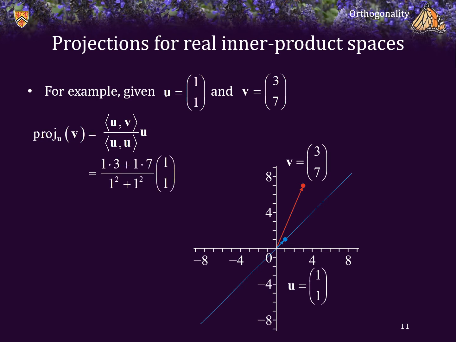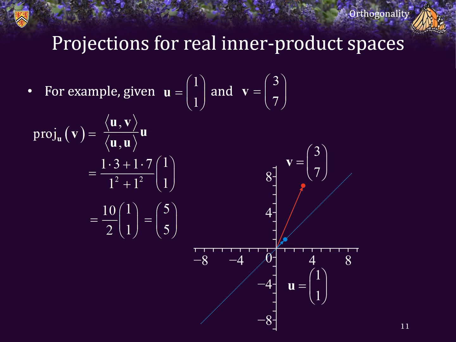And in this case, the inner product of u and v is just 1 times 3 plus 1 times 7. And the inner product of u and itself is just 1 times 1 plus 1 times 1. This is all multiplied by the vector u. Now, evaluating this, we see that this is 10 over 2, or it is equal to 5 times the vector 1, 1, which is just the vector 5, 5.